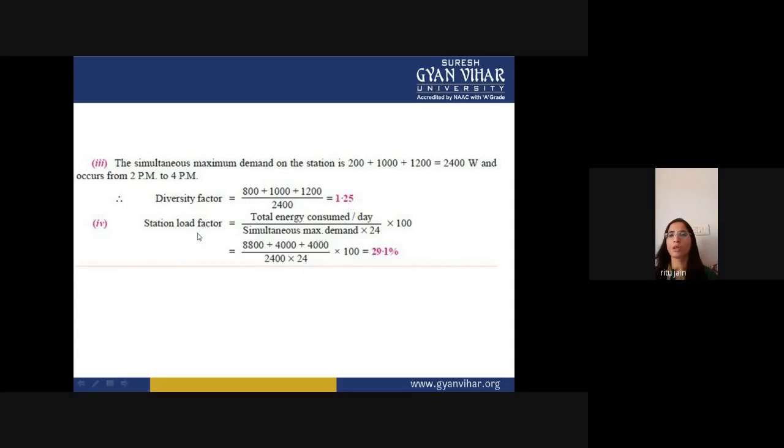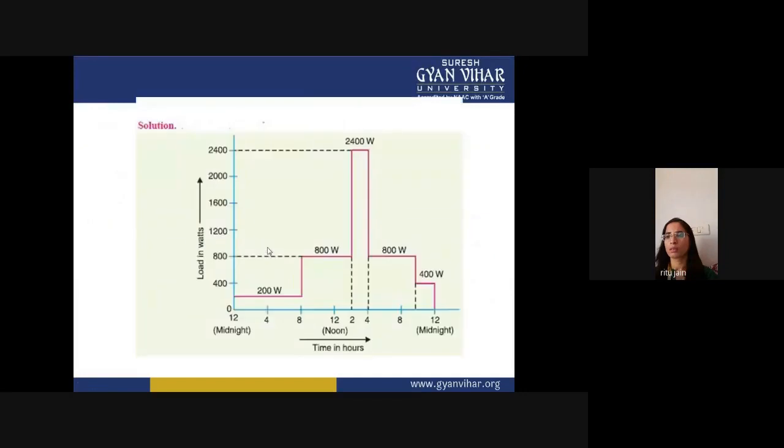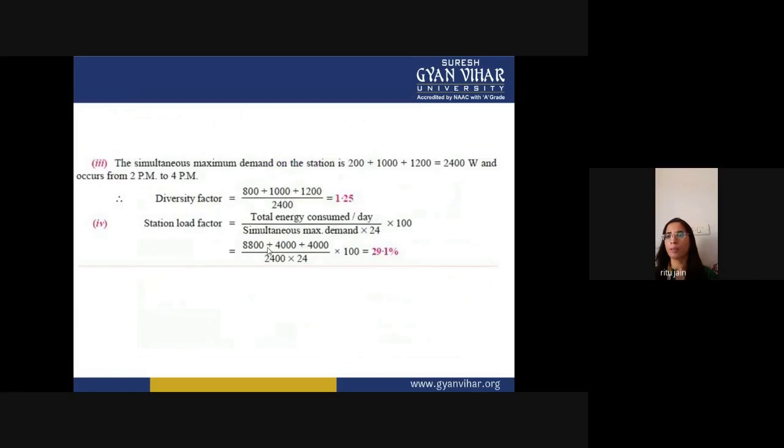Now, station load factor is equal to total energy consumed per day divided by simultaneous maximum demand into 24. So station load factor can be calculated by this formula. Total energy consumption, you can calculate it by this diagram, and you will get the total energy consumption of each consumer, divided by simultaneous maximum demand, which is your 2400.